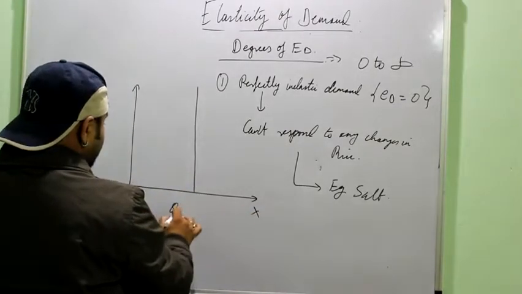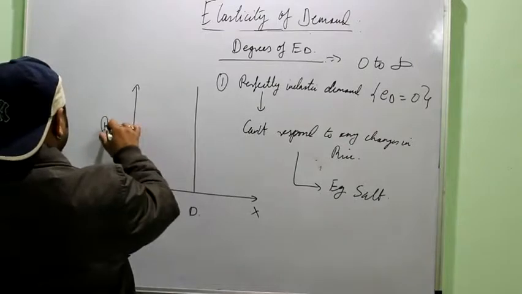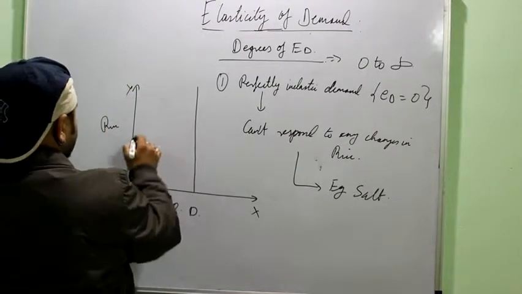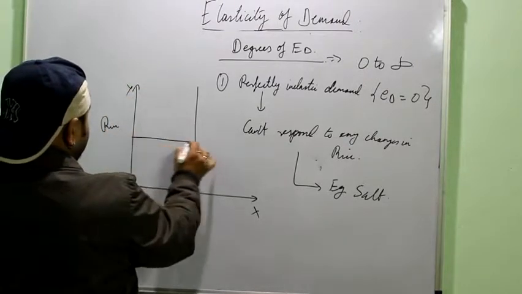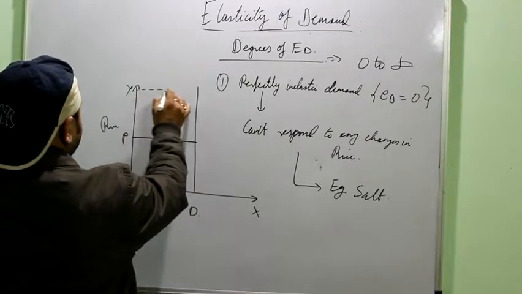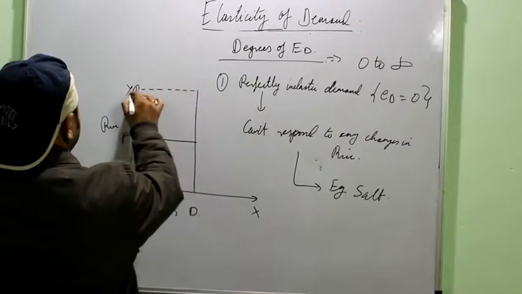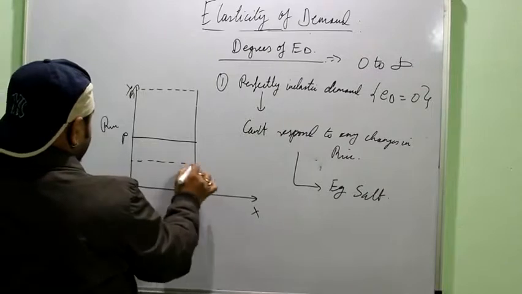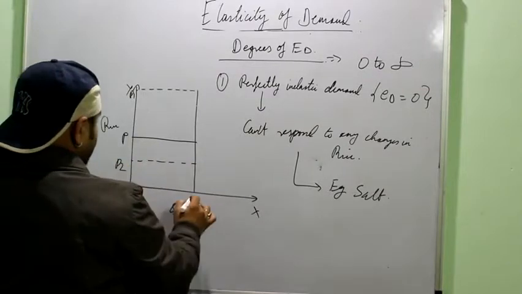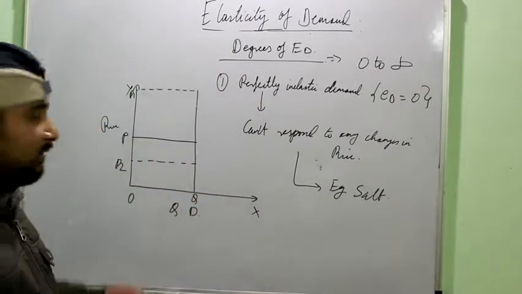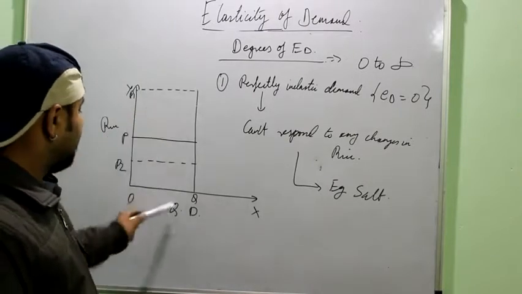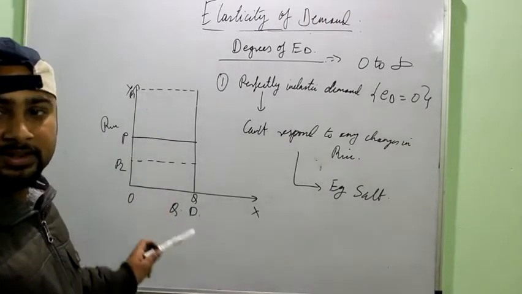Again, I take the quantity demanded on the x-axis, the price of the commodity on the y-axis. You can see that the price may be OP or maybe OP1 or maybe OP2. The quantity remains the same, right? Price is changing, but quantity remains OQ, perfectly inelastic demand, right?